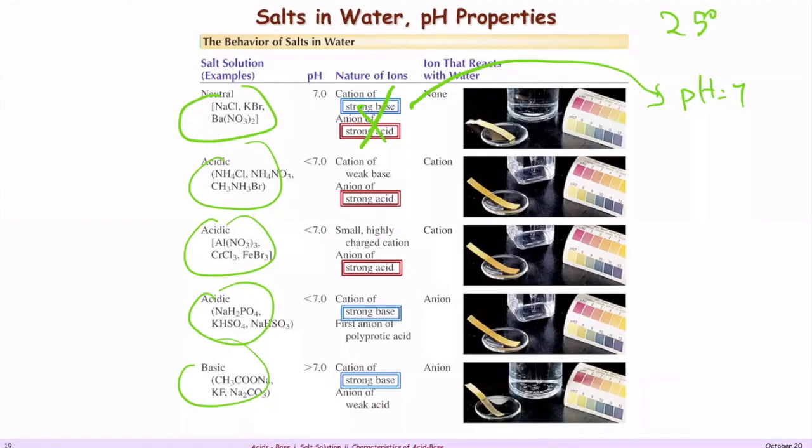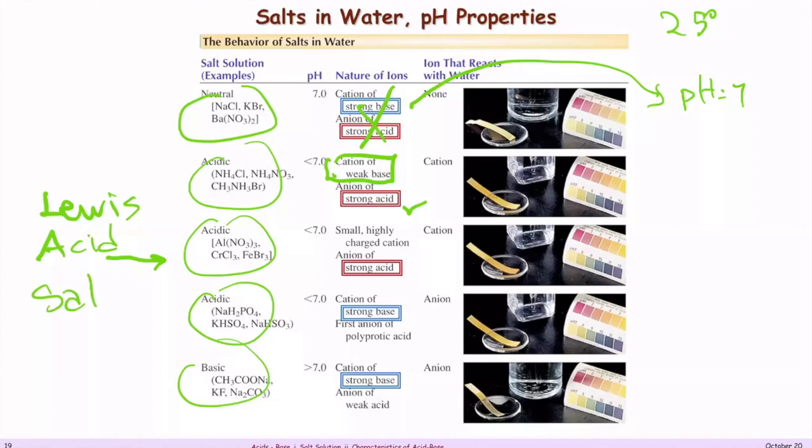Here, only the anion is the conjugate of a strong acid, like chloride, bromide, nitrate. So the cation will be responsible for the acidic properties of this salt. Here, we haven't talked about this yet, but these are Lewis acid salts.